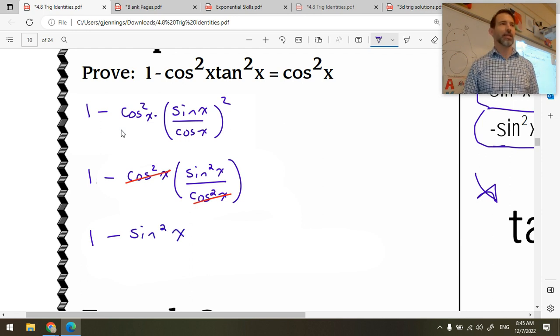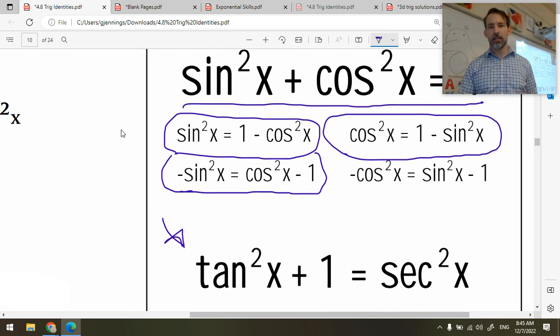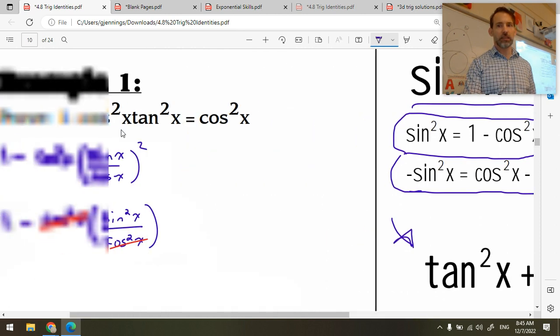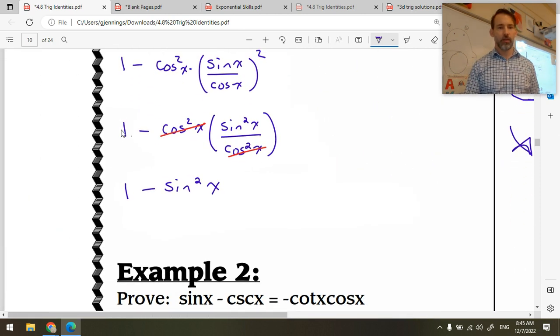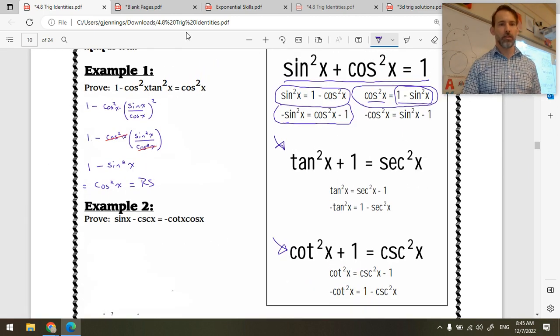Notice that 1 minus sine squared x is a rearrangement of the Pythagorean identity. 1 minus sine squared x is over here, so it just equals cosine squared x. Equals cosine squared x equals the right side. Here was our right side here.